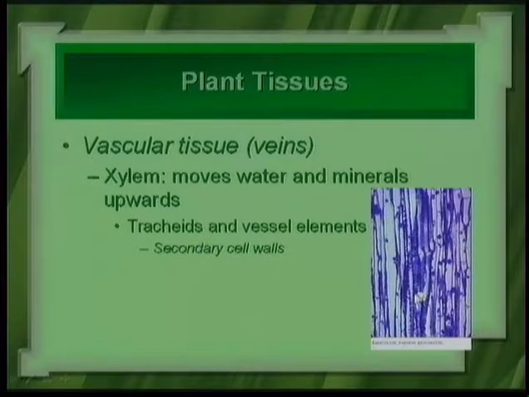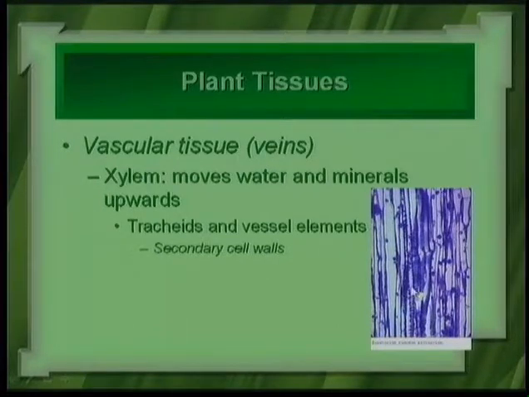Here in this micrograph, you can see some xylem vessel elements. These vessel elements and even the tracheids are sort of like pipes, connected end to end. One vessel element is connected to the next, so they form pipe-like structures inside the plant body, in the root, in the stem, and also in the leaves.